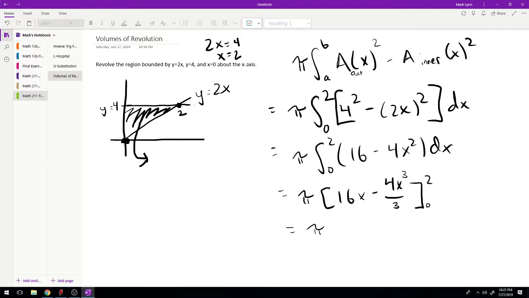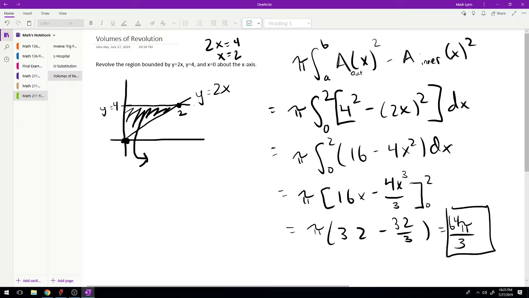And of course, that would give us 32 minus 32 thirds. So we would get 64 pi over 3. I know that was kind of fast, but you can check the math on your own. Now we're going to do the same problem using the shells method and make sure that we get the same answer.